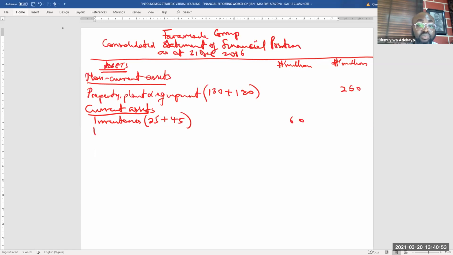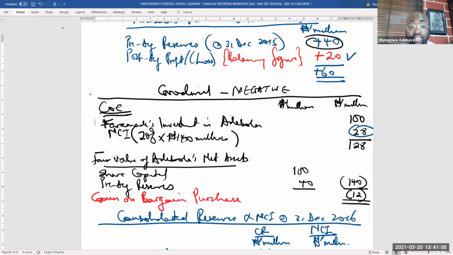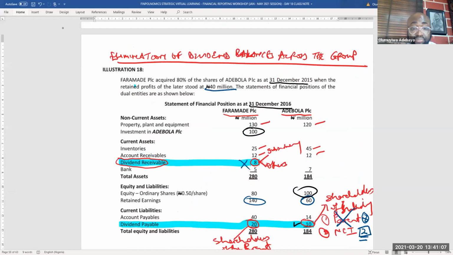Current assets, we have inventories, which we said is 25 and 45, 60. We have receivables, which are trade receivables. We have 12 and 12, which is 24. You can see them here again. Now we have dividend receivable, 8 and nothing for Adebayo.